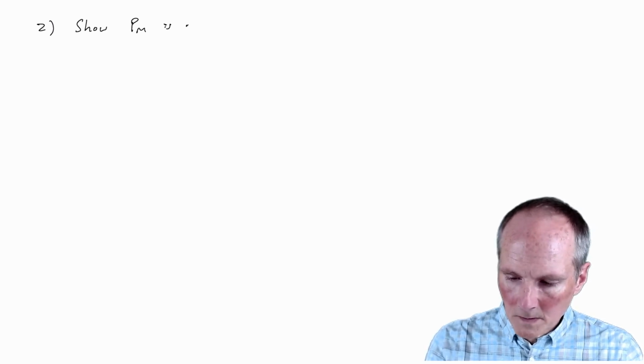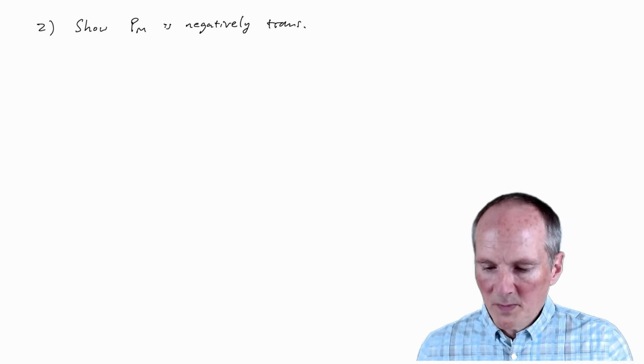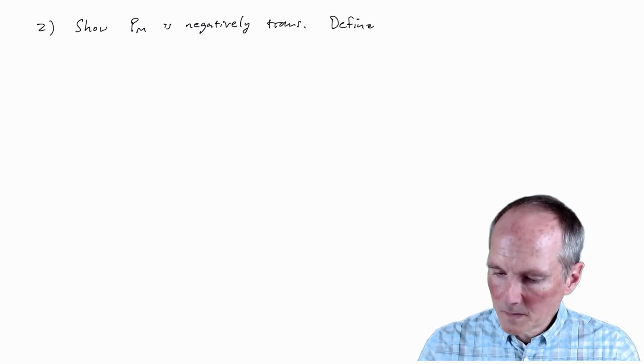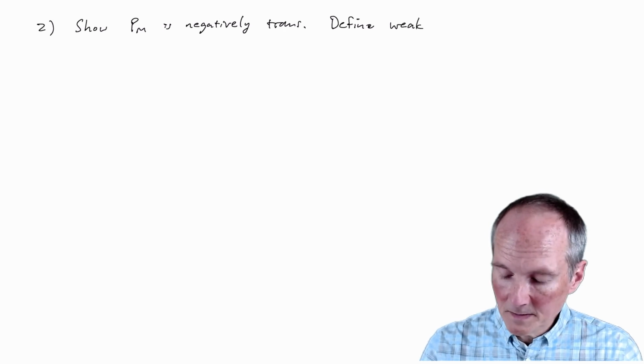Now, for the second part of the theorem, we need to show that the majority preference relation is a weak order, which means that it's negatively transitive, right? To do this, it's going to be helpful to define the weak majority preference relation. We're going to use the same convention as we use for individuals.